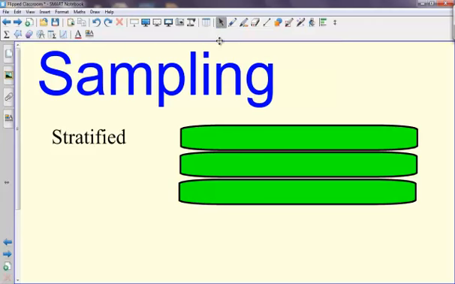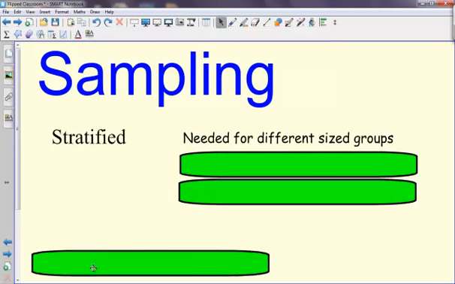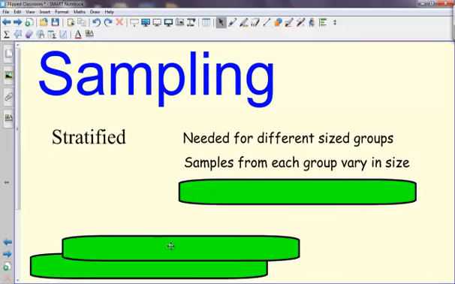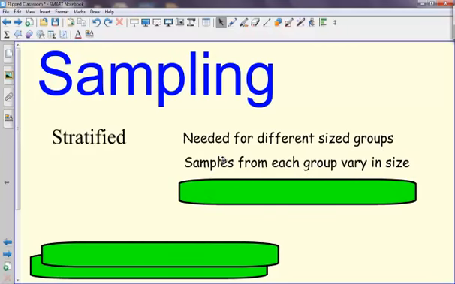So for stratified sampling, you really should do this if you've got different sized groups. If you've got a lot more females than males, for example, and you're doing something based on gender, then you should pick the number of people based on the number of people in that group. The sample that you pick from each group will vary in size.